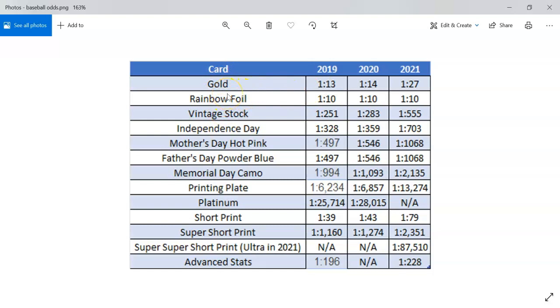If you're not familiar with card collecting, you buy packs of cards. Let's say you're buying baseball cards. There's a regular set of cards, which is the most common, and then there's special cards.